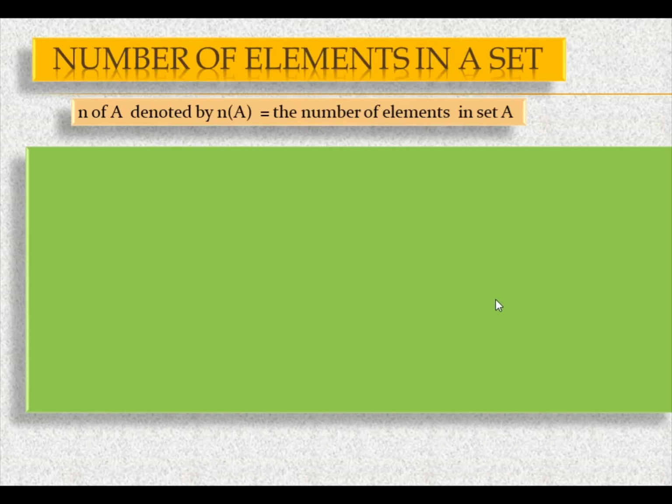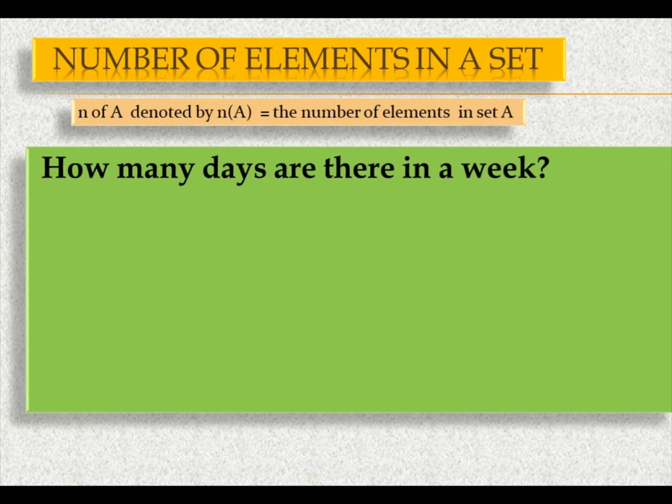Now, let's have the number of elements in a set, and we have a notation for that. n(A), denoted by n parentheses A, is the number of elements in a set. Example, how many days are there in a week?